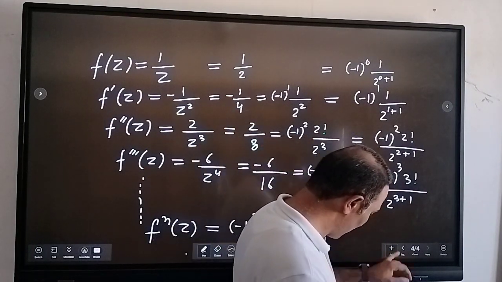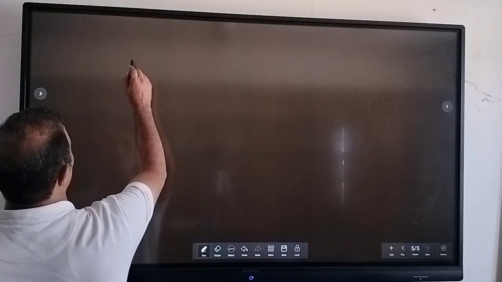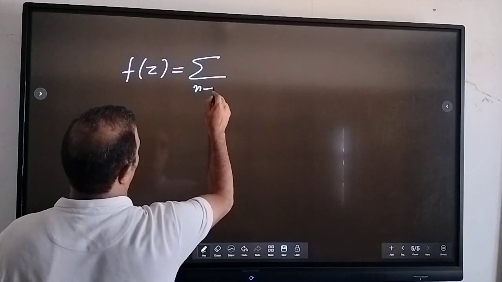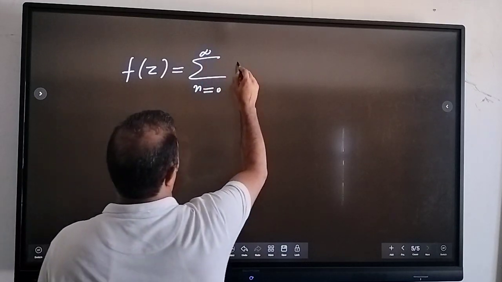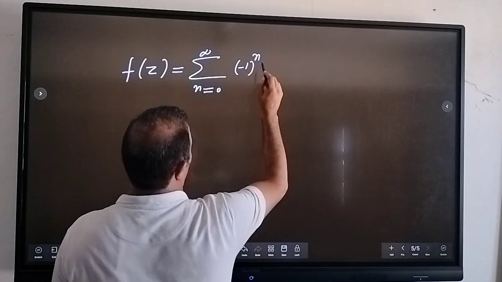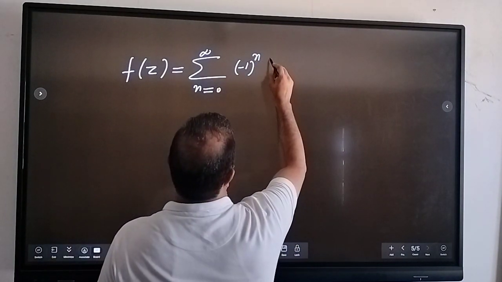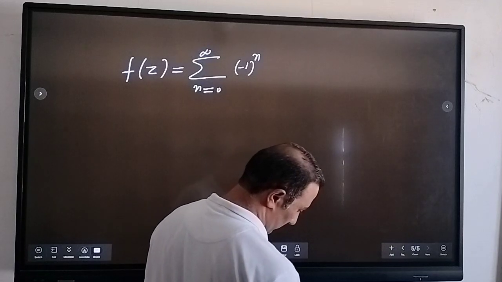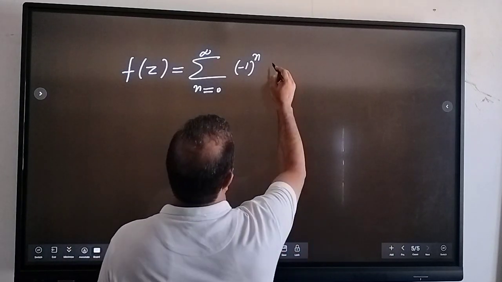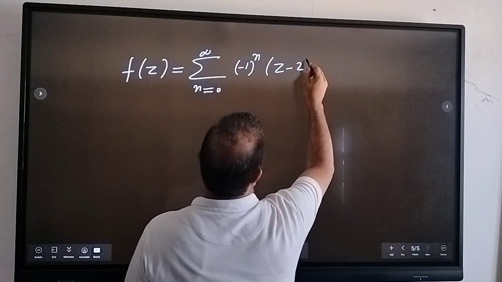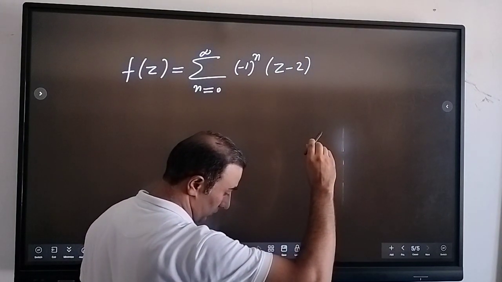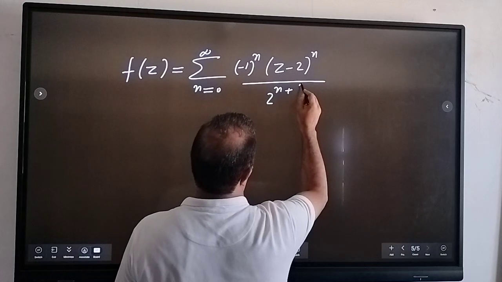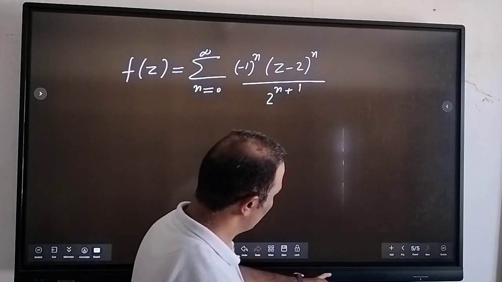So that means I can rewrite this series as f of z equal to, minus 1 raised to n, and minus 2 raised to n. Okay, just check my previous slide.